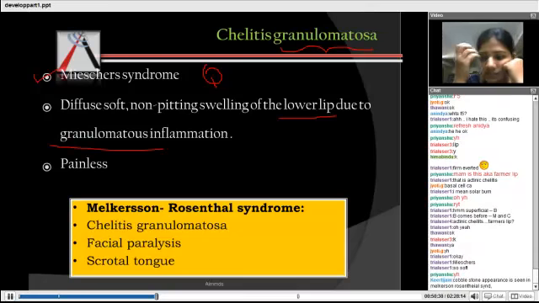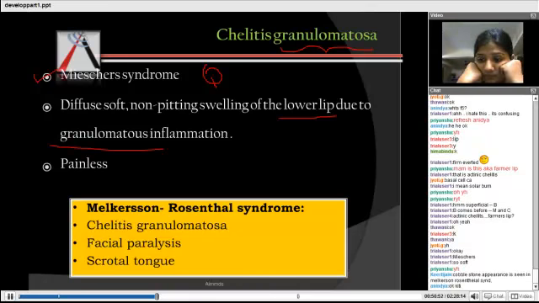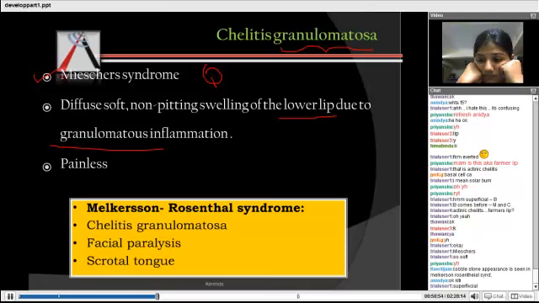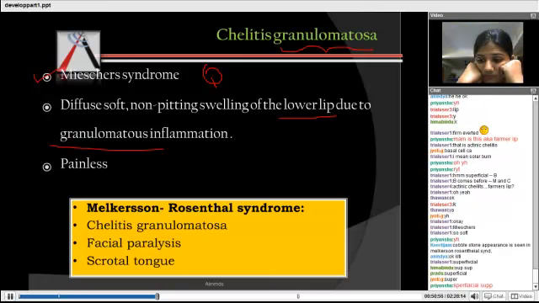Okay, so let's go back, just a brief brush up. What was Beale's disease? Superficial, yes.